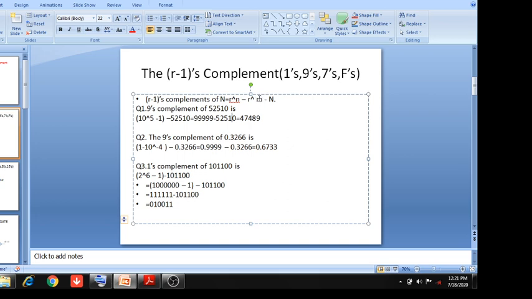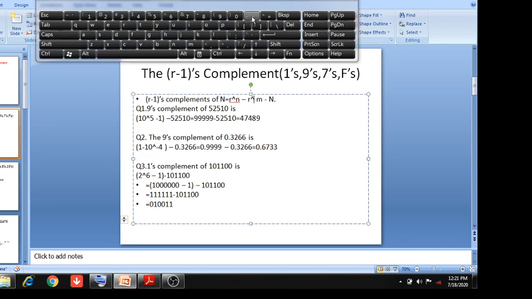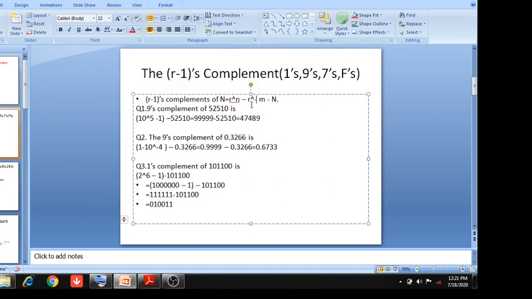Okay, total number of fractional part is what? 1 2 3 4. So 10 to the power minus 4, it should be minus m, because for fractional we use minus, 10 to the power minus 4, and n is nothing, this is 0.326. So just remember, to determine 9's complement, subtract every digit from 9.